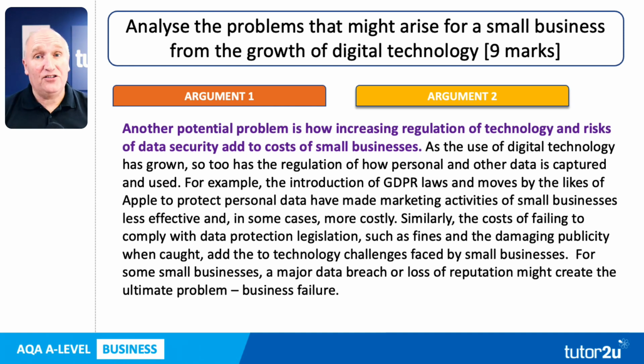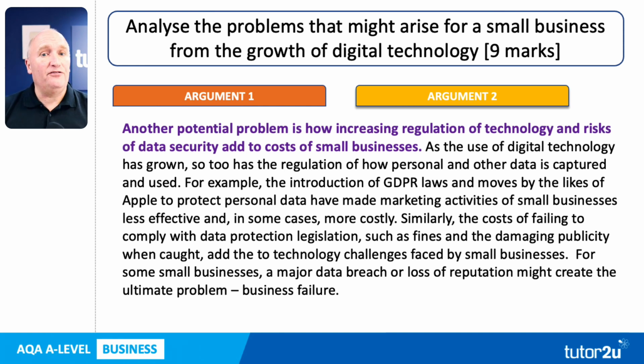So, as the use of digital technology has grown, so too has the regulation of how personal and other data is captured and used. For example, the introduction of GDPR laws and moves by the likes of Apple to protect personal data have made marketing activities of small businesses less effective and in some cases more costly.